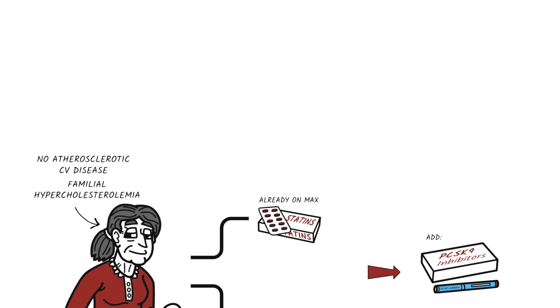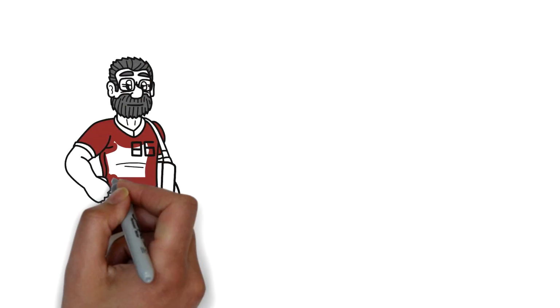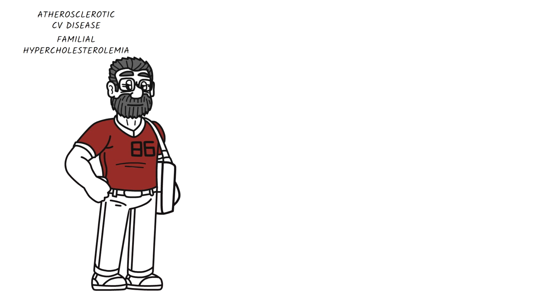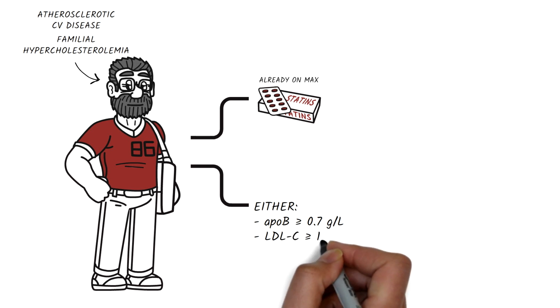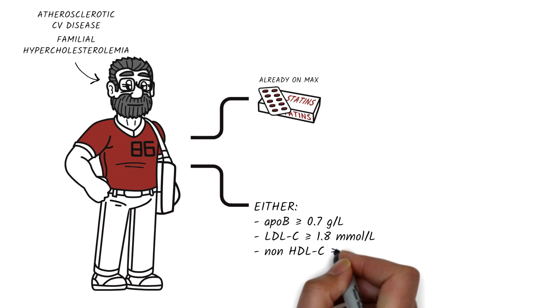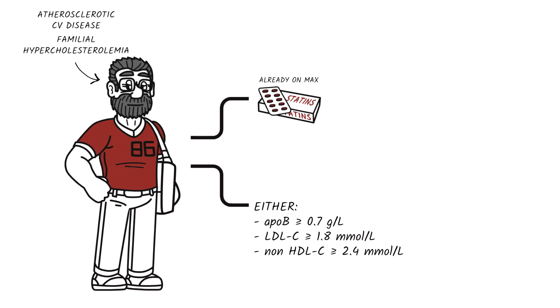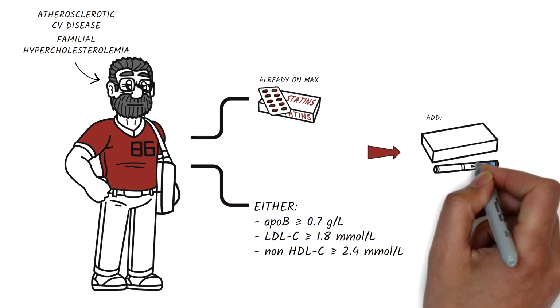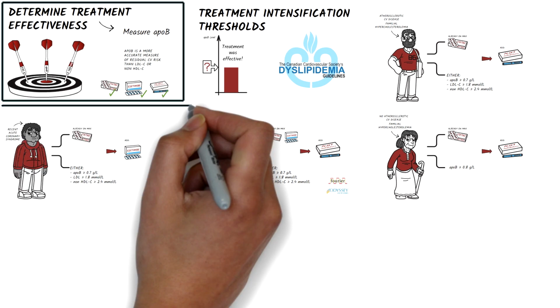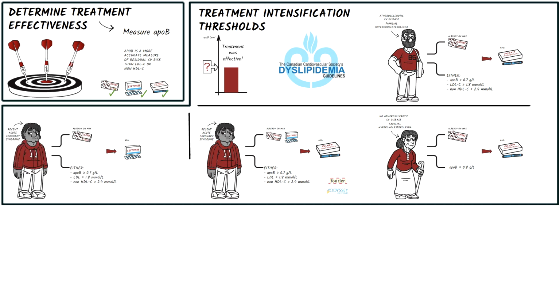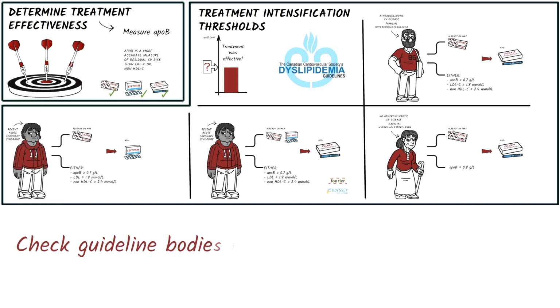If your patient has atherosclerotic cardiovascular disease and has familial hypercholesterolemia, and is already on a maximally tolerated dose of statin, with or without ezetimibe therapy, and their apoB is greater than or equal to 0.7 gram per liter, or an LDL greater than or equal to 1.8 millimole per liter, or non-HDL-C greater than or equal to 2.4 millimole per liter, then a PCSK9 inhibitor should be added. Other guideline bodies may suggest different treatment intensification thresholds, and we encourage clinicians to learn about what is being recommended in their area. The general principle is that lower is better.